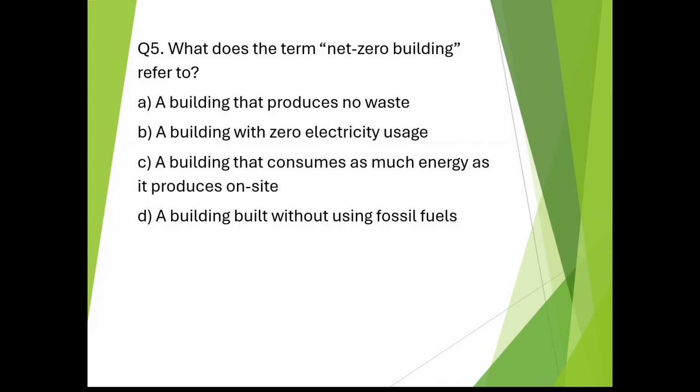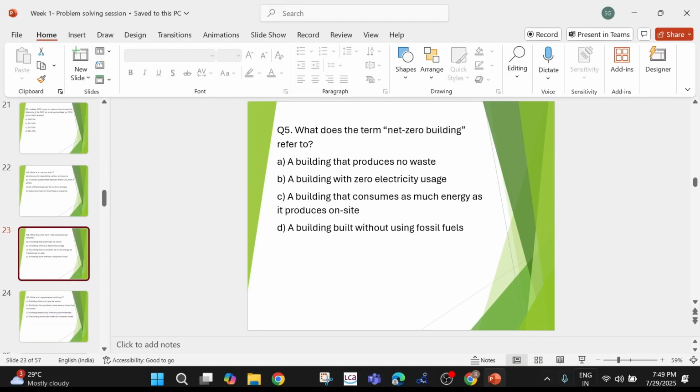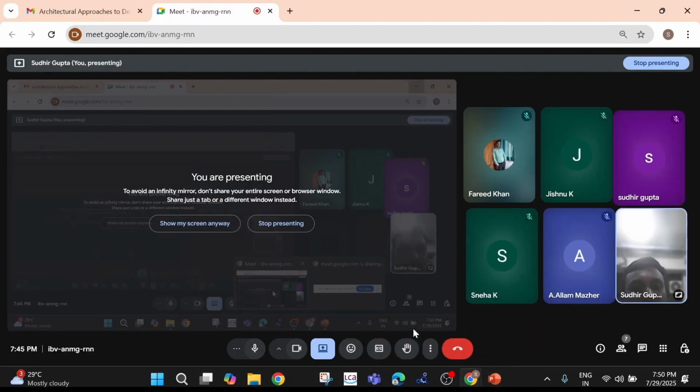For this question, option C, whoever have marked it option C, it is the correct answer. A building that consumes as much energy as it produces on site will be referred to as net zero carbon or net zero energy building.